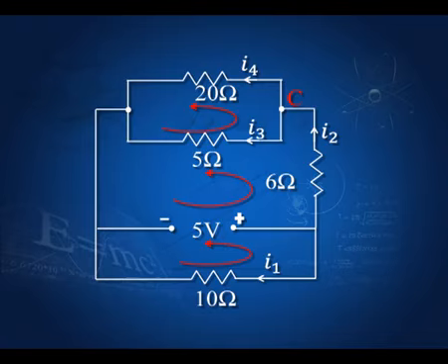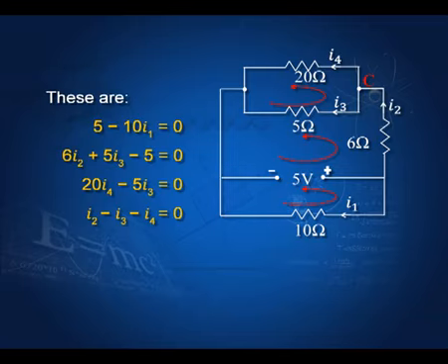So, we shall use Kirchhoff's laws. You see how many currents are there: I1, I2, I3, I4. So, we have to determine all the 4 currents. Then we need at least 4 equations. 3 equations we will get from the loops, one loop, one loop, one loop. One loop is this, another loop is this, and another loop is this. So, we have chosen these 3 loops, and one will use junction C.